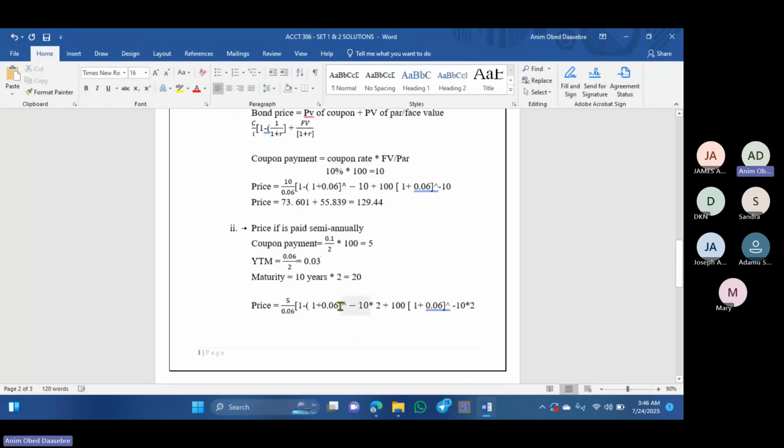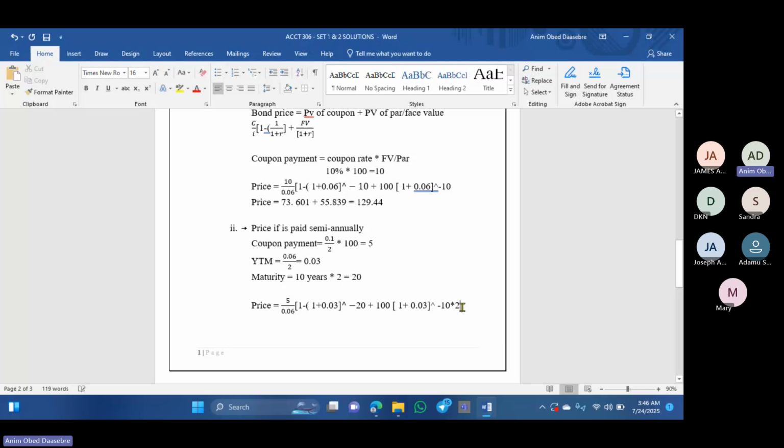So let's equate them into the formula. So 3 and here 20. Make the workings simple. 20. Then here change it to 3.